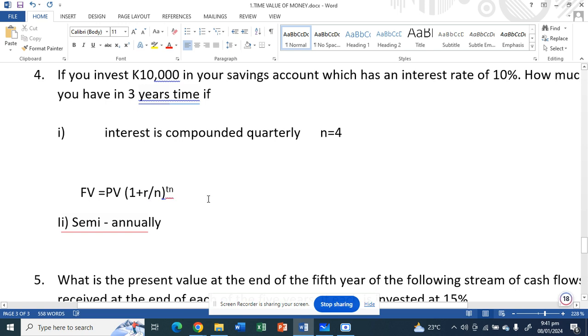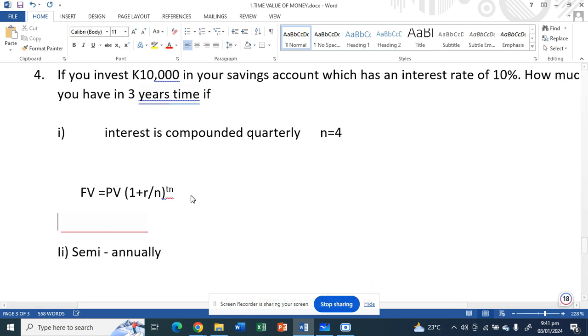So just remember this: if there's any compounding in the question, the rate you divide by the number of compoundings, and the time you multiply by the number of compoundings. The calculations still stay the same.